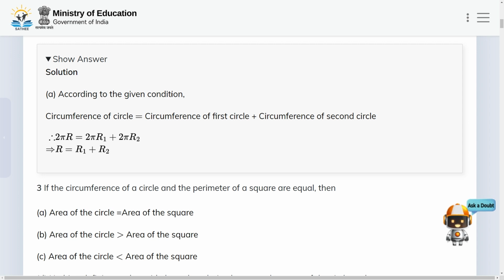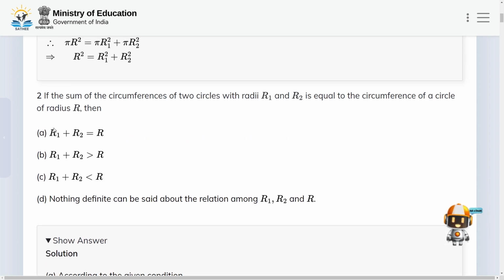Therefore 2 pi R equals 2 pi R1 plus 2 pi R2, which implies R equals R1 plus R2. In option A, we have R1 plus R2 is equal to R. So the correct answer is option A.